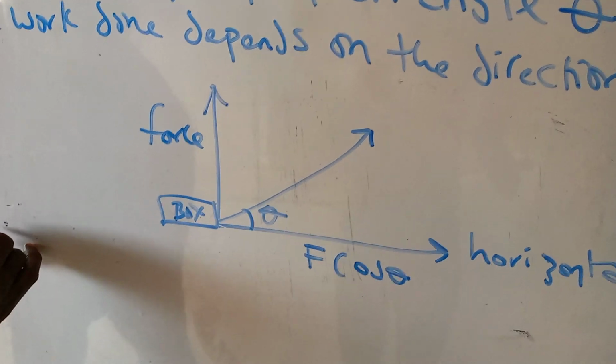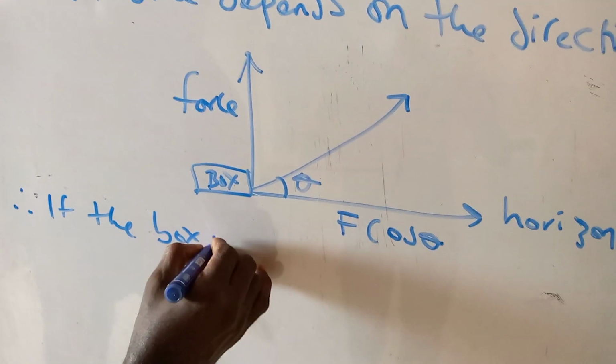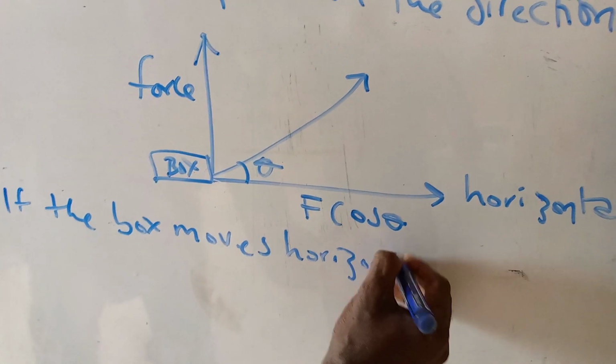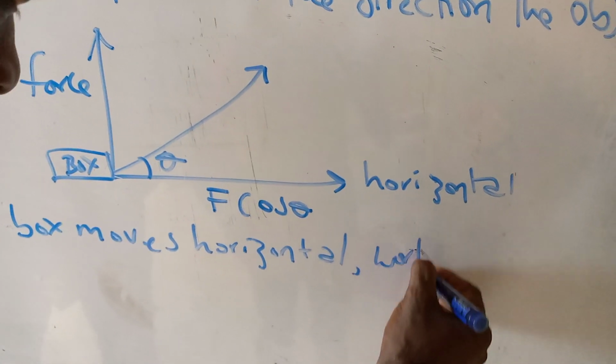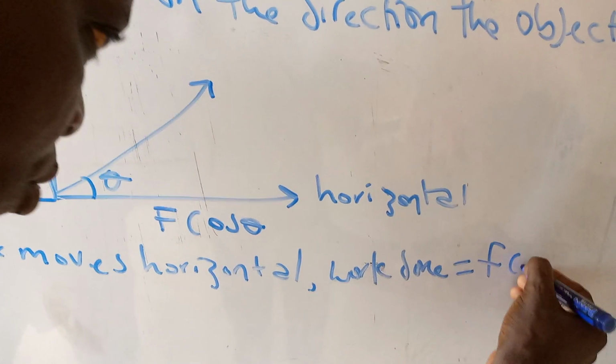Therefore, if the box moves horizontally, the work done will be equal to F cos theta times distance.